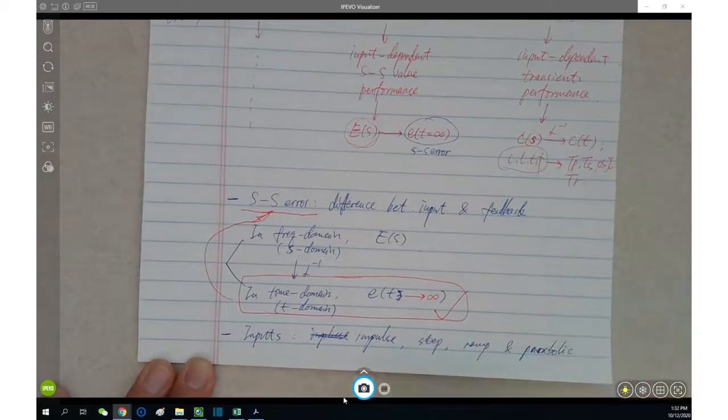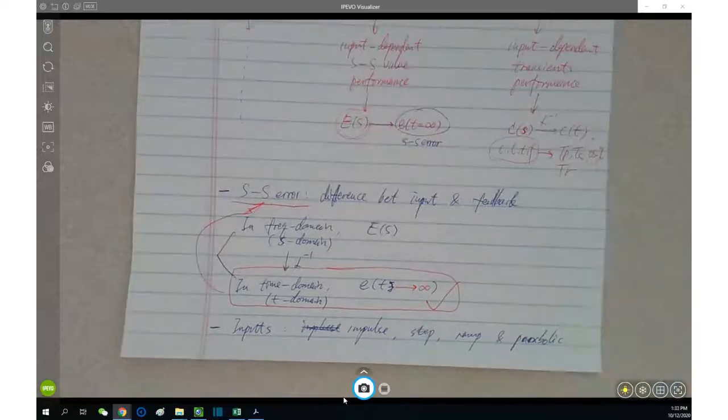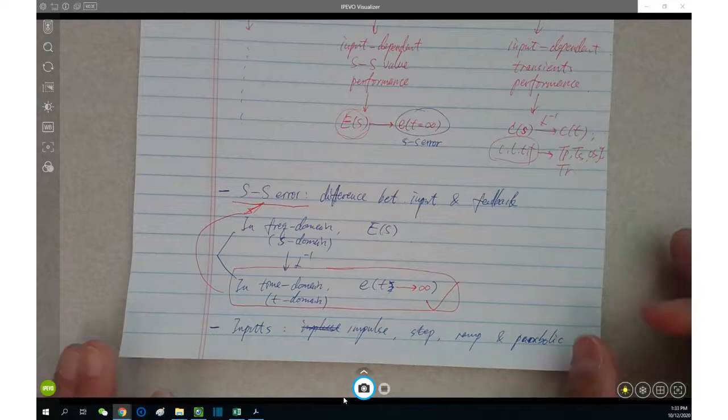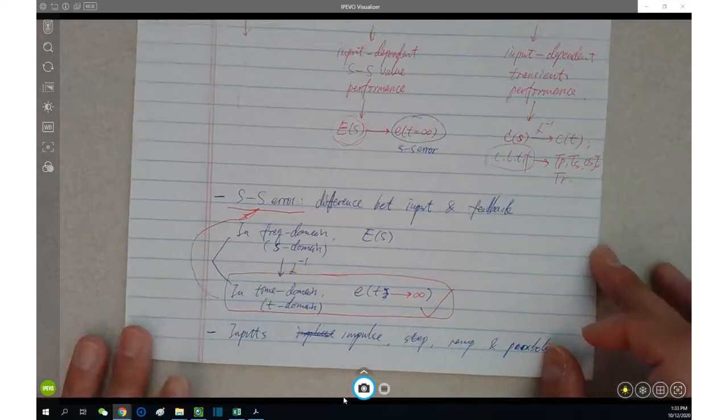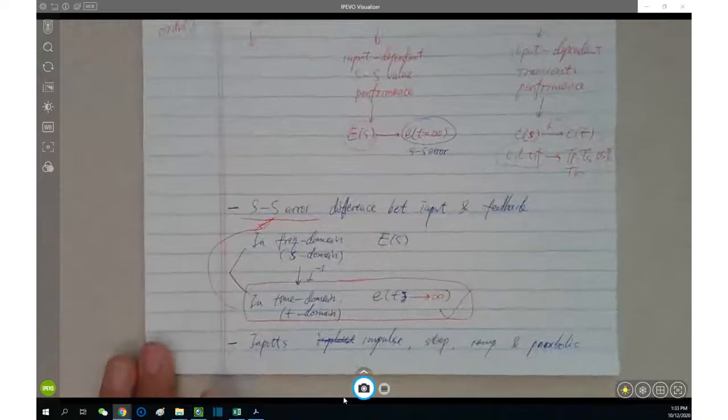Parabolic. Impulse, step, ramp, and parabolic. Four different input signals. We used them as well in the previous module.